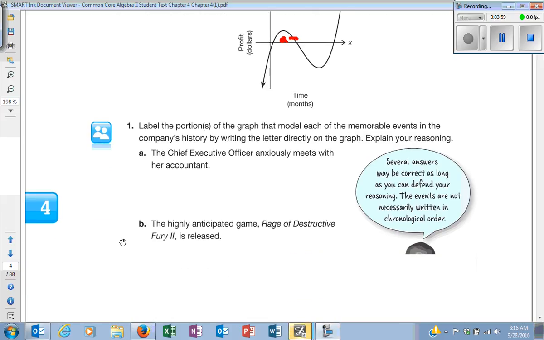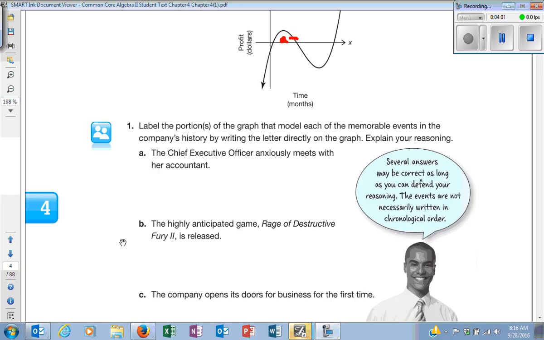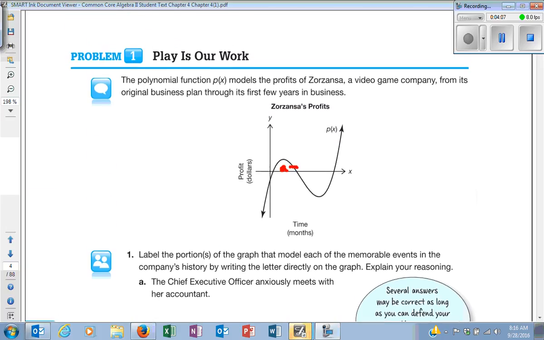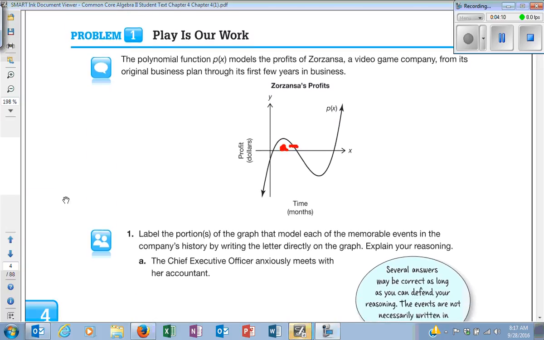All right. The highly anticipated game Rage of Destructive Fury 2 is released. Where do you think that happens? Normally, like if you've ever seen Busch Gardens, it seems like their attendance starts falling down, and then all of a sudden they do what? New coaster, boom! It's packed for the day. Can't get on that ride.